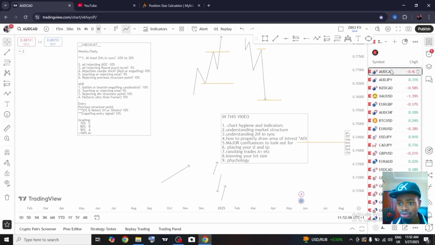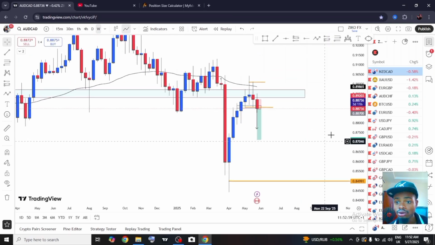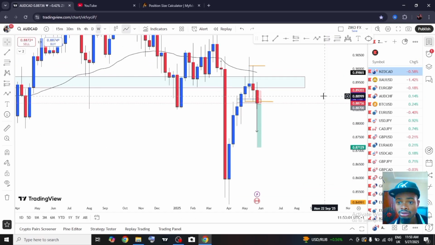Around psychological levels are just respected areas in the market where big banks seem to be closing their positions. So once price gets to certain areas, price will react strongly from them, right? Let's look for the round psychological level here on AUD CAD. Round psychological levels are whole numbers.